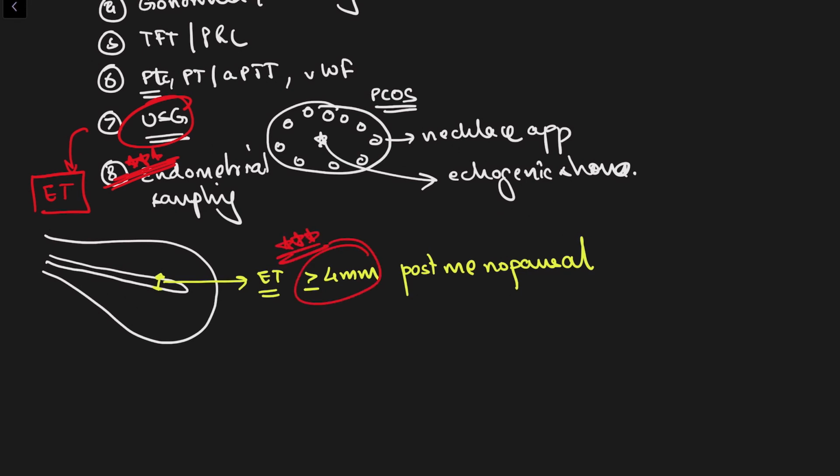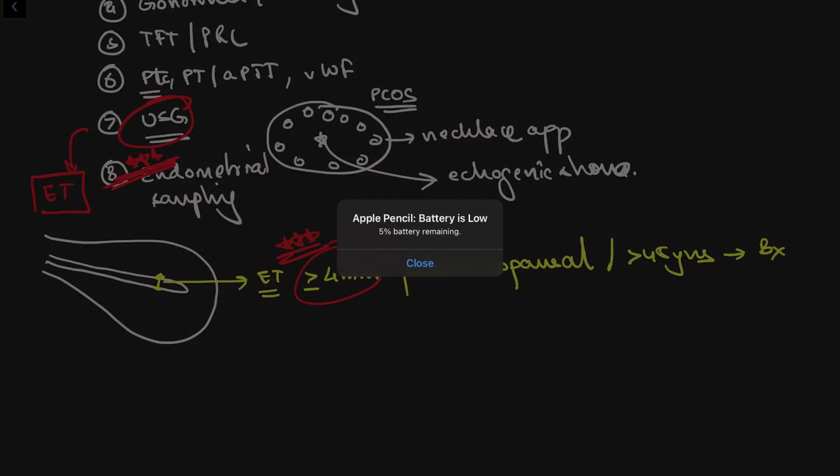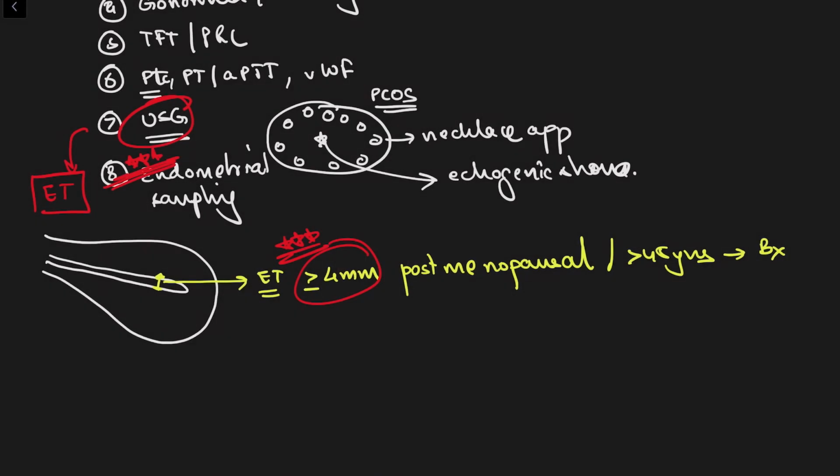Or in a patient who is more than 45 years, still she's having bleeding, we go in for biopsy. If the patient is more than 35 years and she has risk factors for endometrial cancer, then we do endometrial biopsy. My pen is about to go. Let me complete this topic.